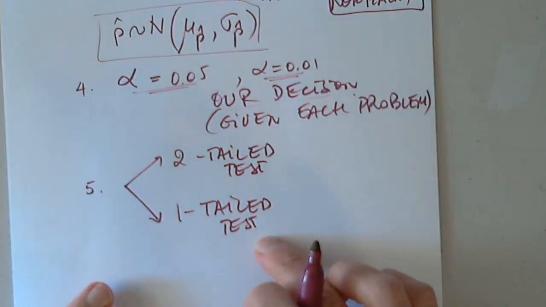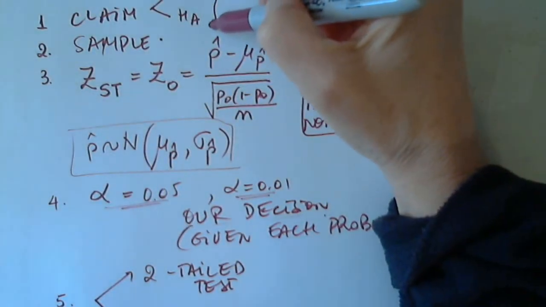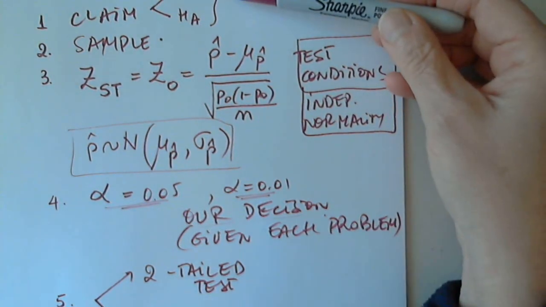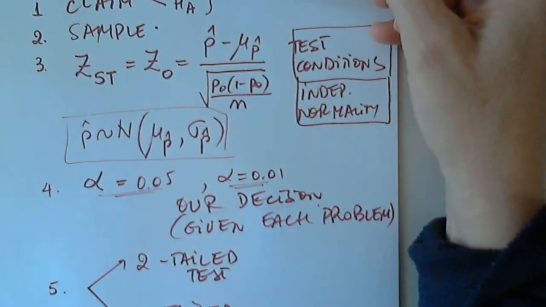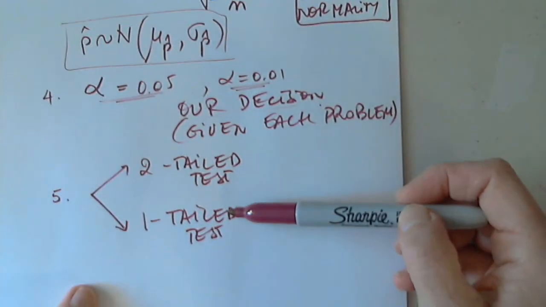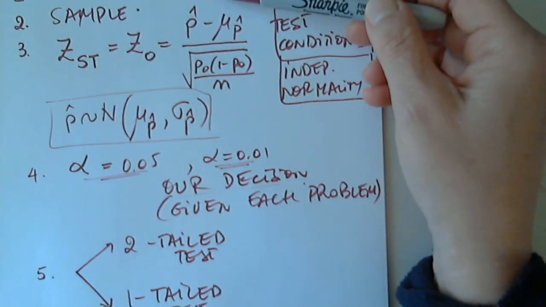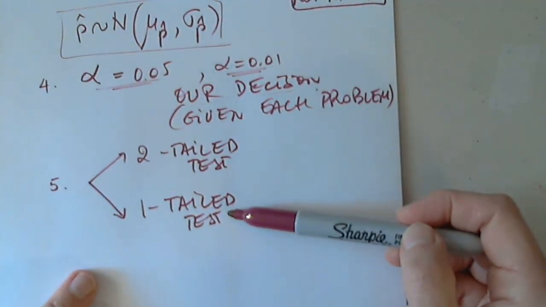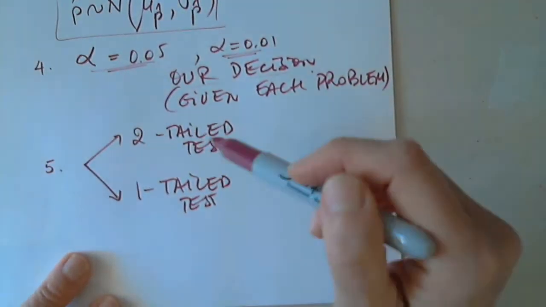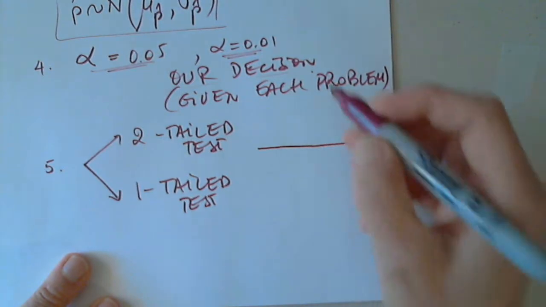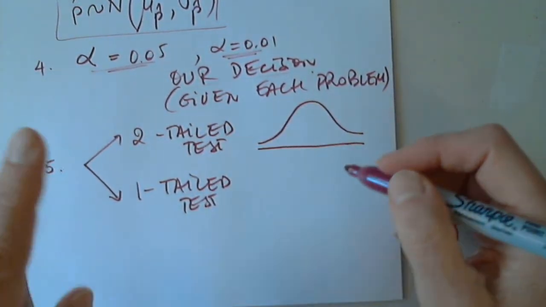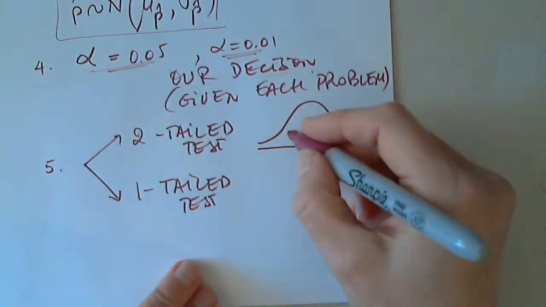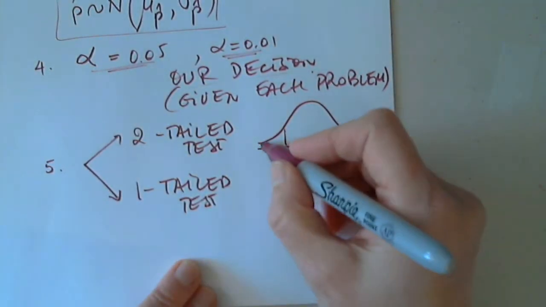Where does this come from? From here. If this has equal and this has not equal, it's a two-tailed test. If this has equal and this has greater than, it's a one-tailed test. If this has equal and this has less than, it's a one-tailed test. If it is a two-tailed test, then we will divide alpha, like we always did, into 2 equal parts.